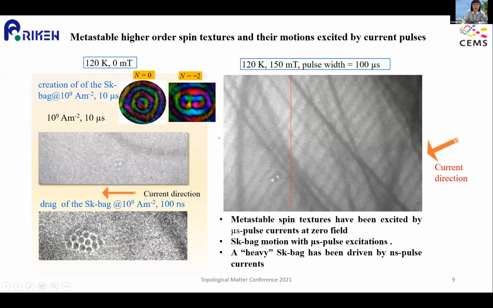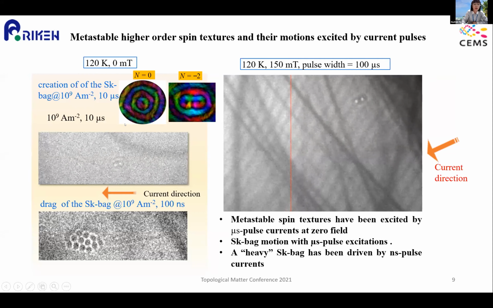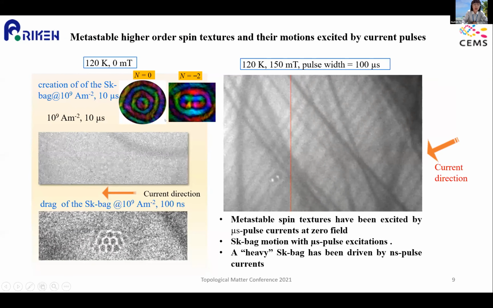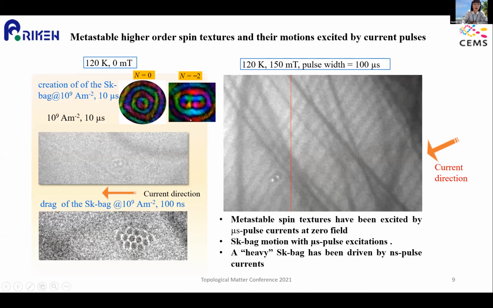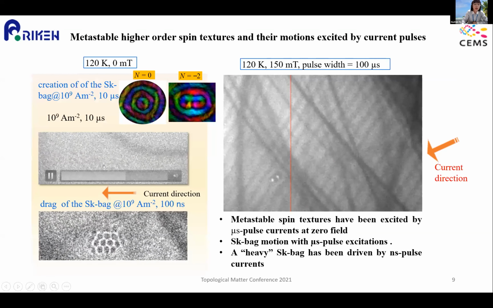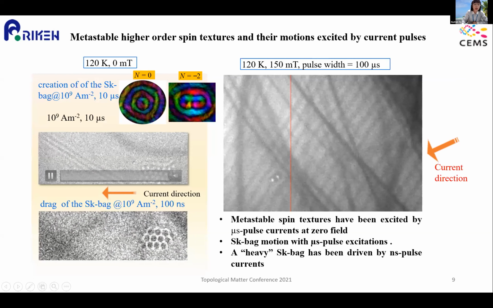So we also use a microsecond pulse to generate a higher-order topological object with a higher-order topological charge. Here you can clearly see a skyrmion bag can be generated by this electron current.